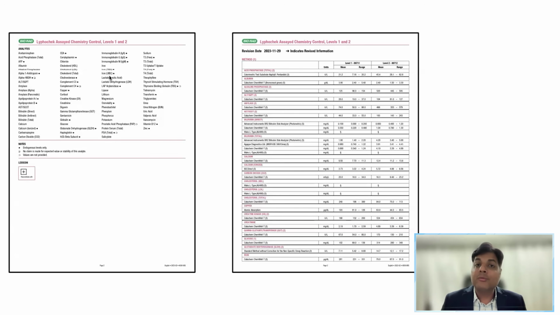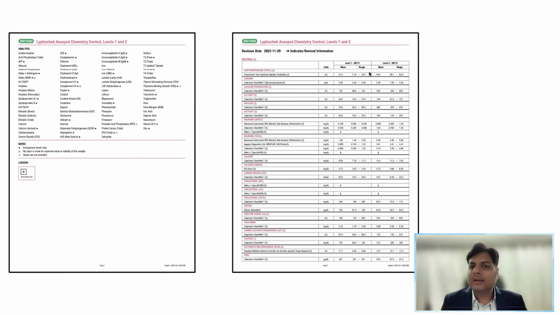If we have to test for any parameter which is not in this list, then this control is not going to work for us. We have to use a different control. For every control, there is a fixed set of parameters for which values are given in the value chart.